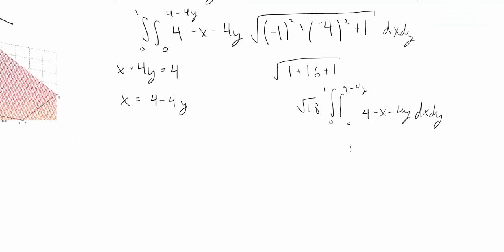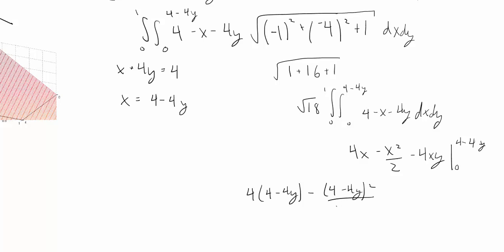Integrating with respect to x first, that's going to be 4x minus x squared over 2 minus 4xy, from 0 to 4 minus 4y. Plug that in, we get 4 minus 4y minus (4 minus 4y) squared over 2 minus 4 times (4 minus 4y) times y, and then from 0 to 1.